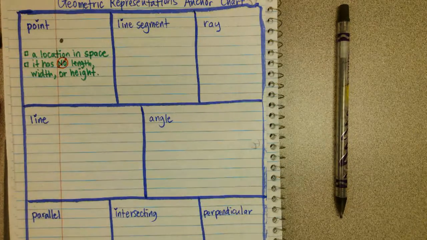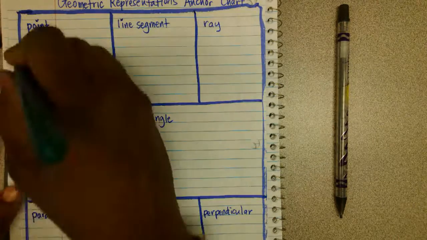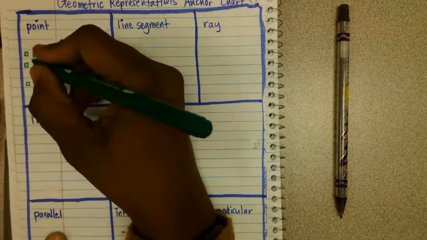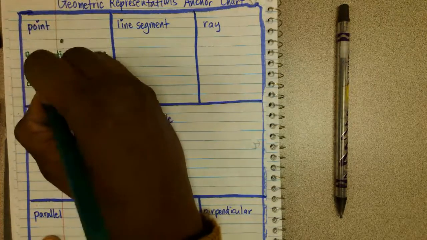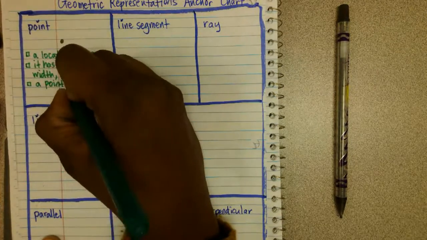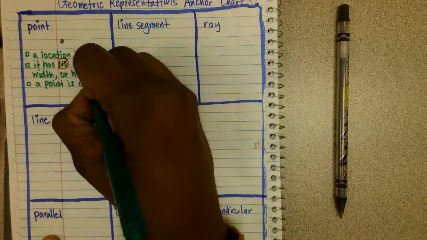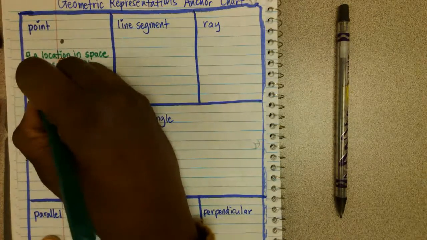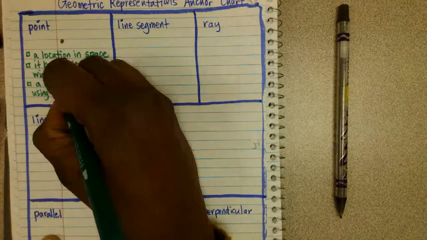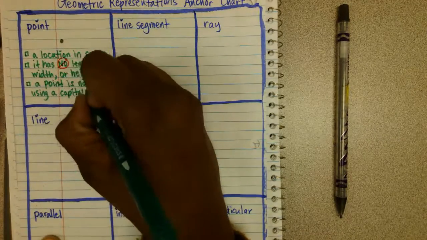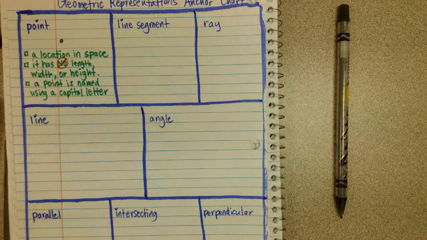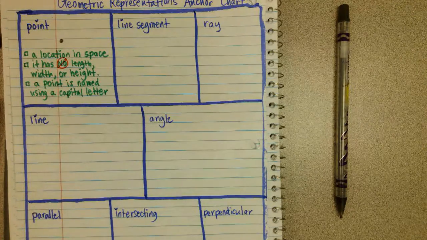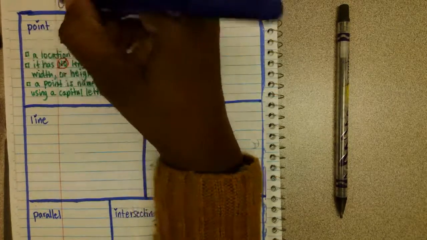And then the third thing that I want to notate is a point is named using a capital letter. All right, and my name starts with an R, so my point is going to be point R.